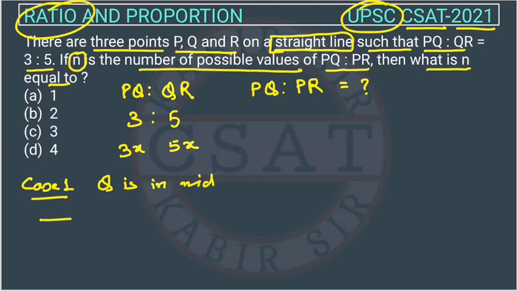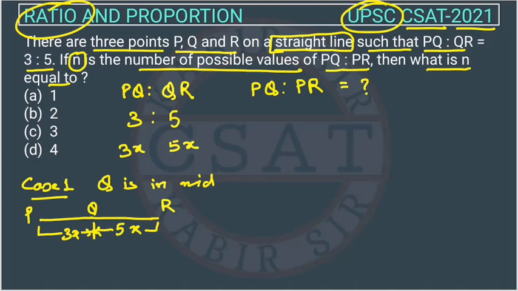So this will be PQ and this is QR. We know QR will be 5x, so from here to here, and PQ is 3x, from here to here.